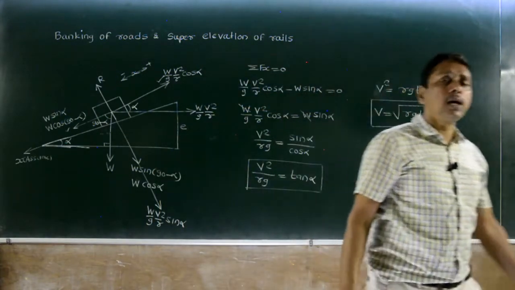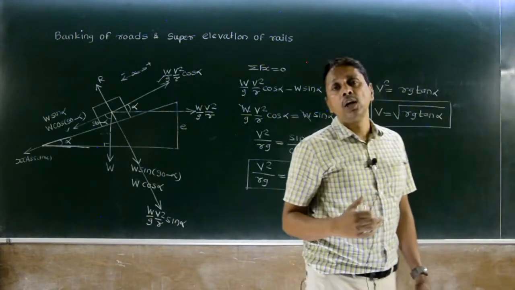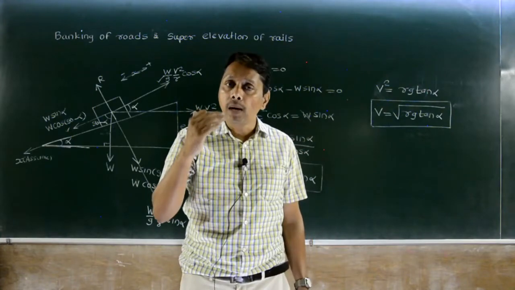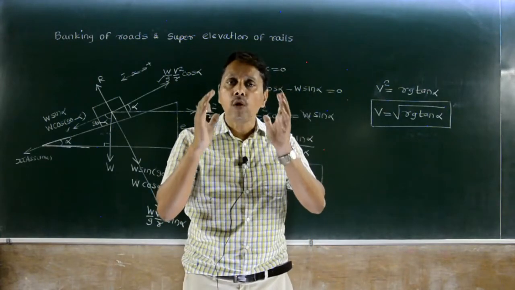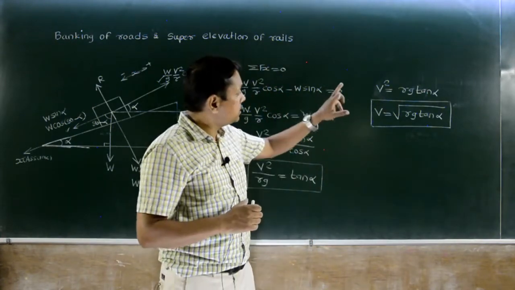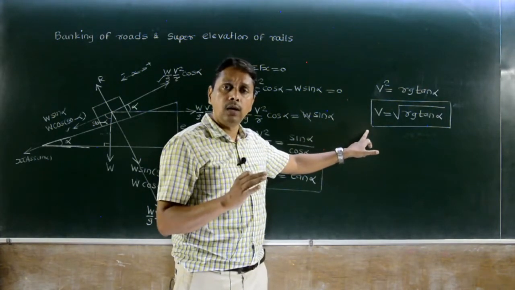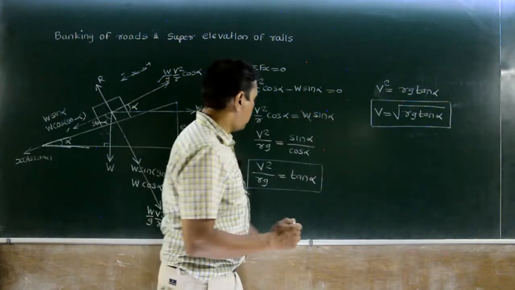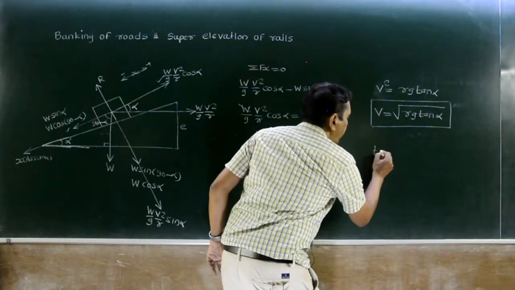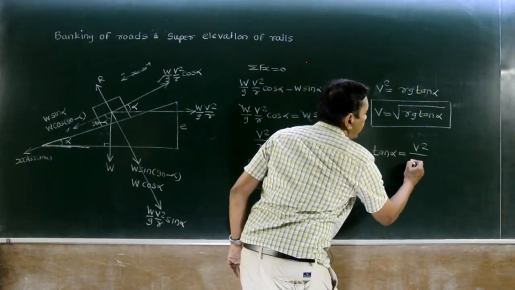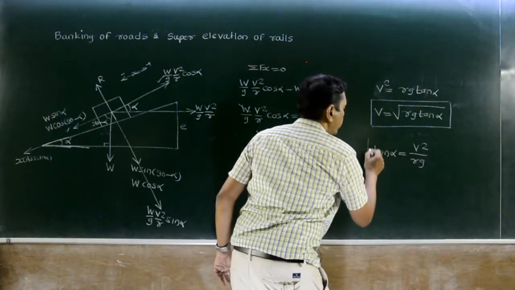The design speed on a curved path for which there is no skidding, no overturning, a comfortable travel, and equal pressure on tires. This is called the design speed. Get it? Understood? Is the derivation clear? And how to get tan alpha using design speed? Tan alpha is v square by Rg.